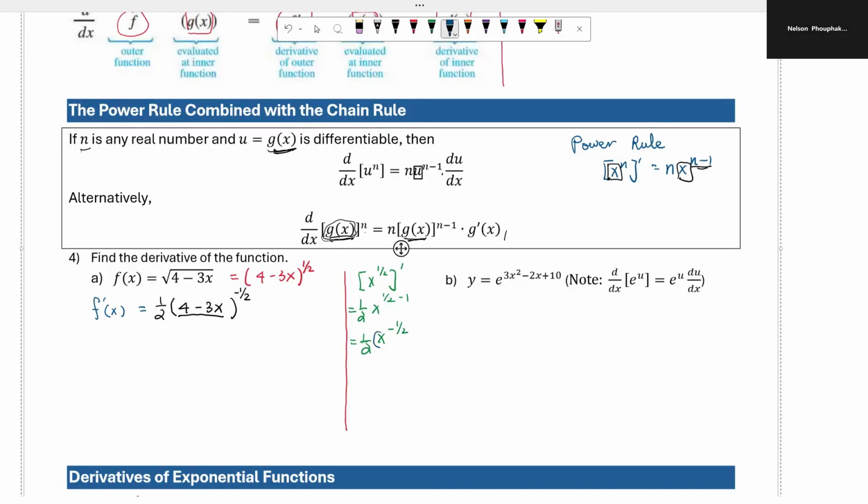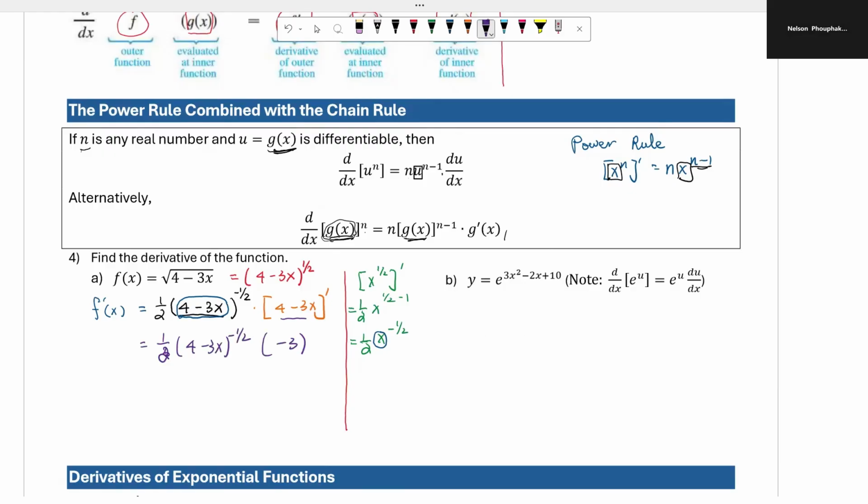It's just like we replace x with 4 minus 3x. But don't forget that we need to multiply by the derivative of the inner function, which is the derivative of 4 minus 3x. In this case, it will be negative 3. So I will have 1/2 times (4 minus 3x) to the negative 1/2 times negative 3. And now 1/2 times negative 3 is negative 3/2.